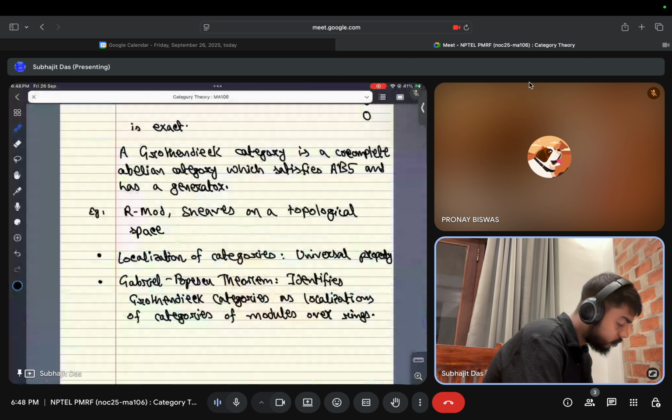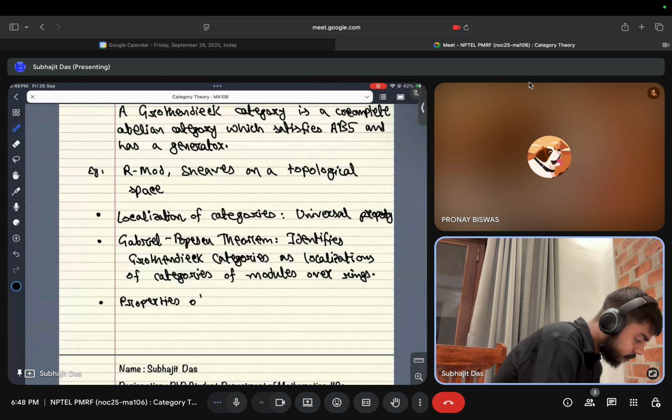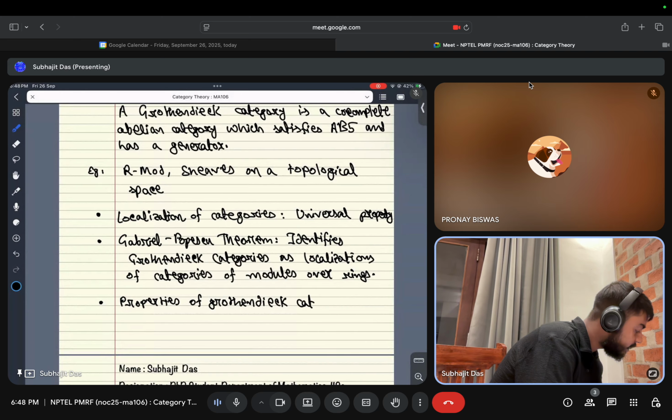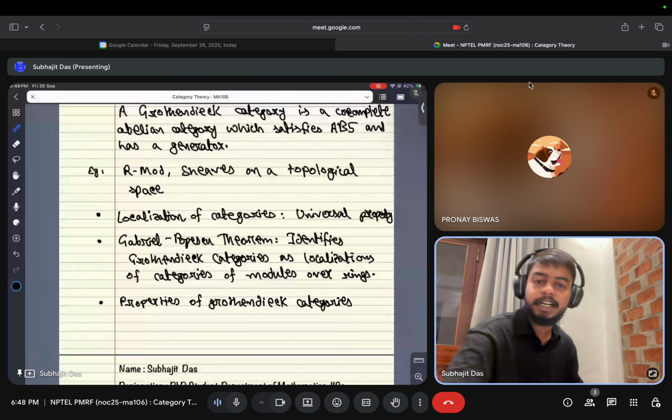Yeah, so I'll just mention properties of Grothendieck categories. The interesting thing is Grothendieck categories do satisfy the hypothesis of SAFT, the special adjoint functor theorem.